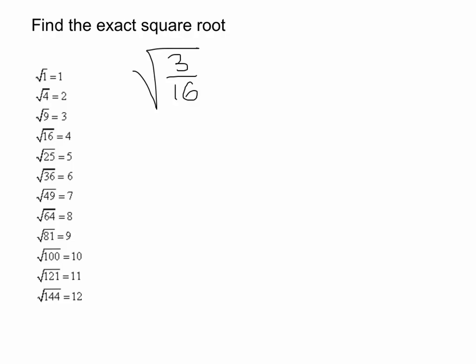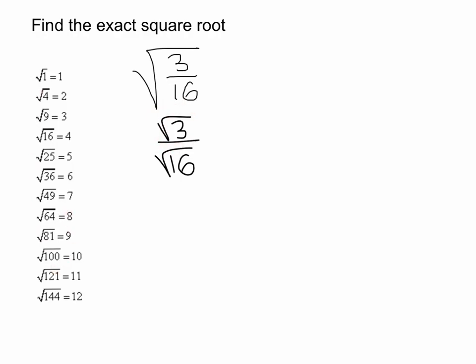So let's find the exact square root of an example with a fraction. If I have the square root of a fraction, I could break it up into the square root of the numerator over the square root of the denominator. Now, in my numerator, I have the square root of 3. Factoring it into the square root of 1 times the square root of 3 isn't going to help me, so I'm just going to keep it as the square root of 3.